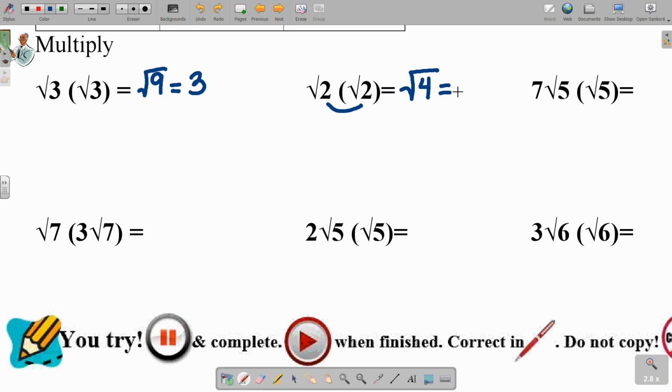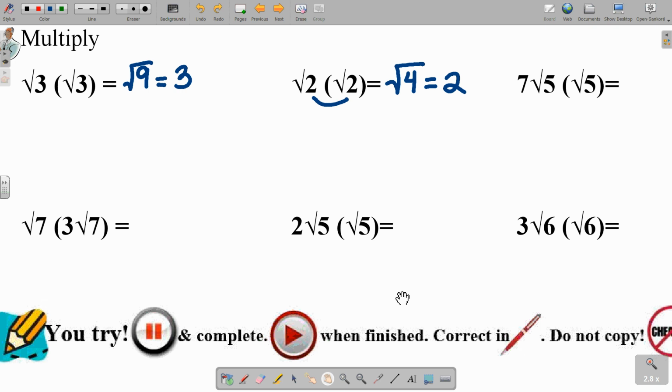But that is perfect. That just becomes 2. What you're noticing is any radical times itself is just the number on the inside by itself. So I want you to get rid of this middle step and look at it like this. Root 3 times root 3 is simply 3. Root 2 times root 2 is simply 2.